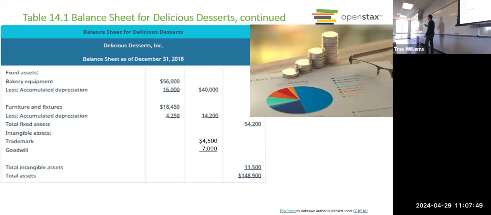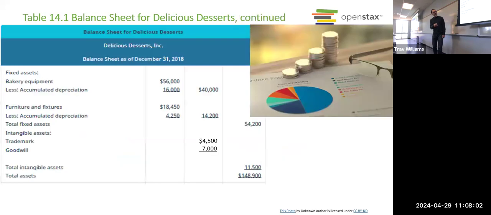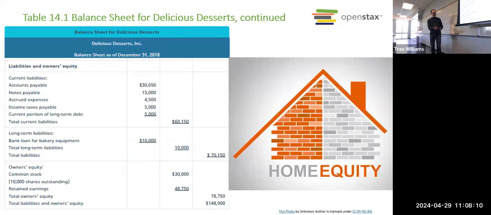What's that? Good thinking. But if you remember on the previous slide, there were the current assets, right? That's part of the total. So the current assets plus the fixed assets plus the intangible assets makes up the total assets. Okay, so that's the assets portion.